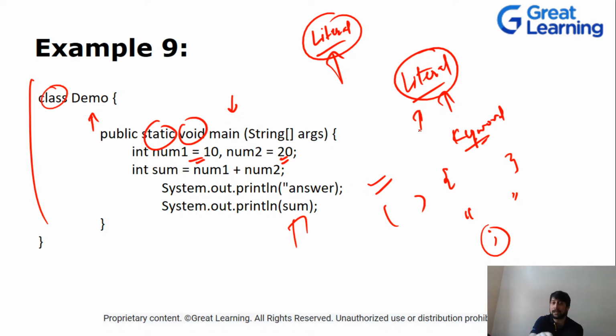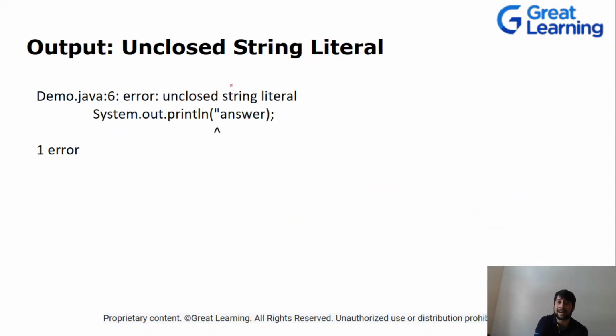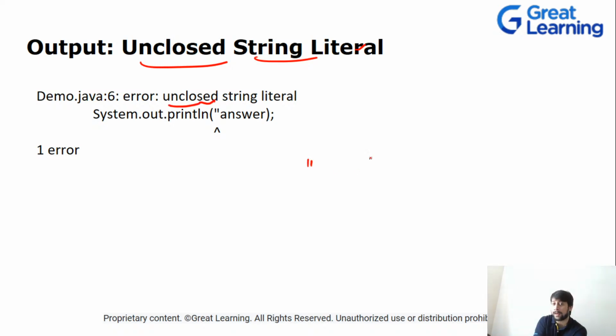Now what is happening over here? Obviously, you can see the double quote is missing. This type of error is known as the unclosed string literal. That means you have an opening string literal but you don't have a closing string literal. So it will say there's an error known as unclosed string literal.